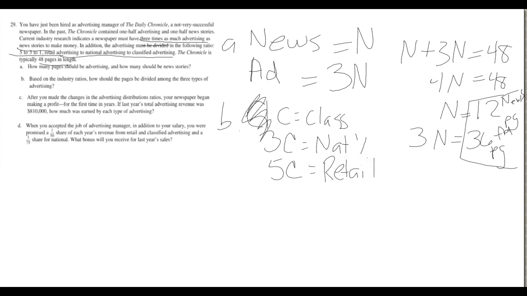So then we know that when we add all of these up, these are all the different types of advertising, and there's 36 pages of advertising. So when we add these up, that should just be C plus 3C plus 5C equals 36.